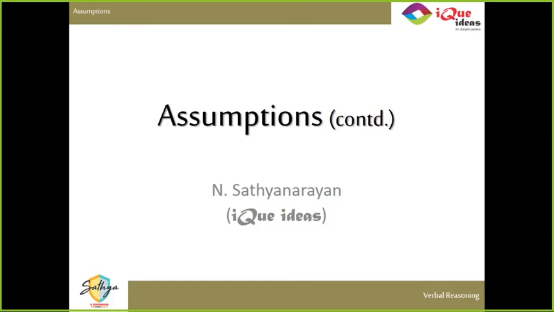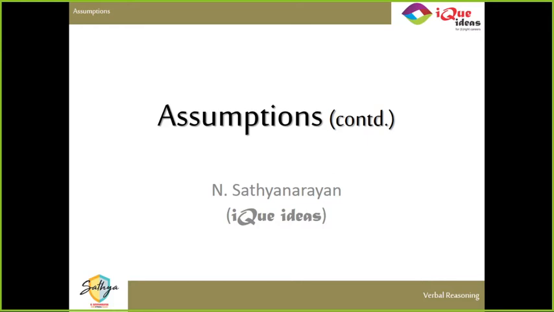Okay. So, an assumption, like I said, is an unstated premise. It's a statement which is not given to us, but which must be true for the given statement to be true. So, how we test an assumption is that if the assumption is right, then the statement given is also right.